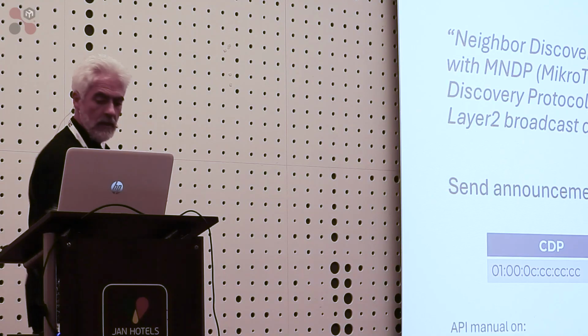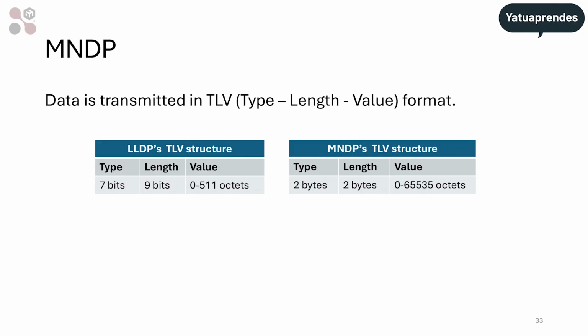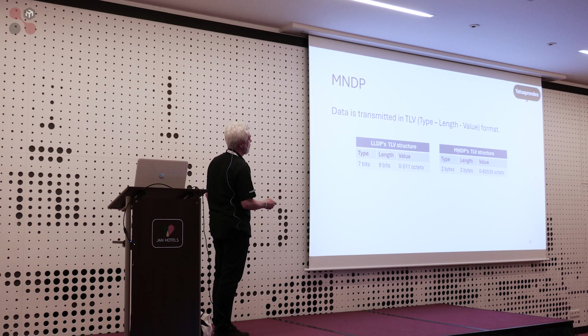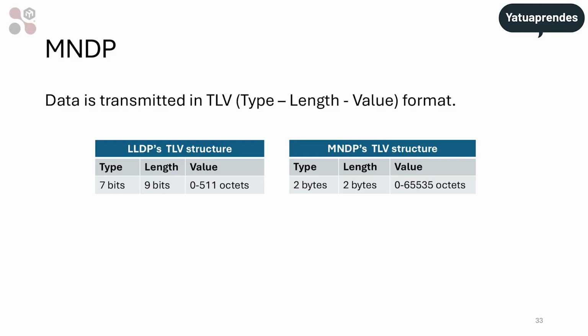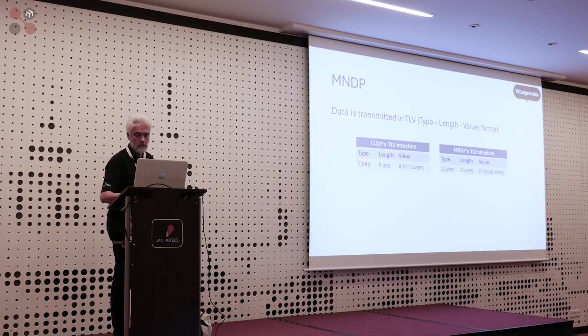Here is the information on MikroTik. It is using TLV. This is the LLDP structure. We have 7 bits in the MNDP structure of MikroTik. We have 2 bytes, so it's more powerful.